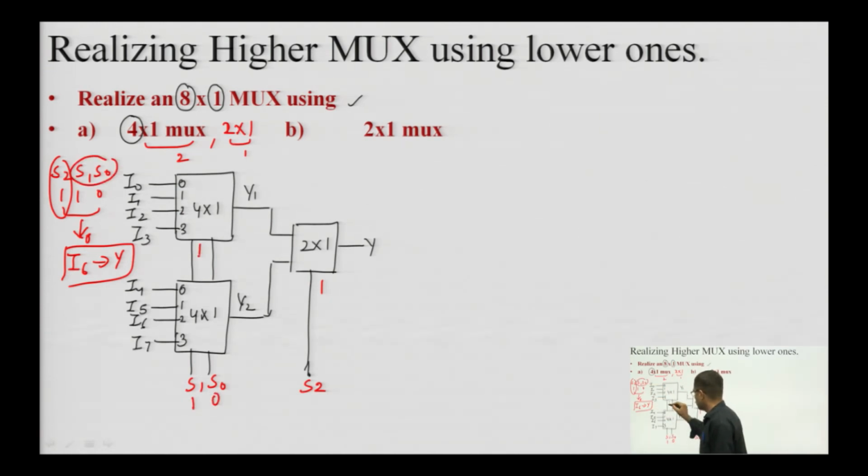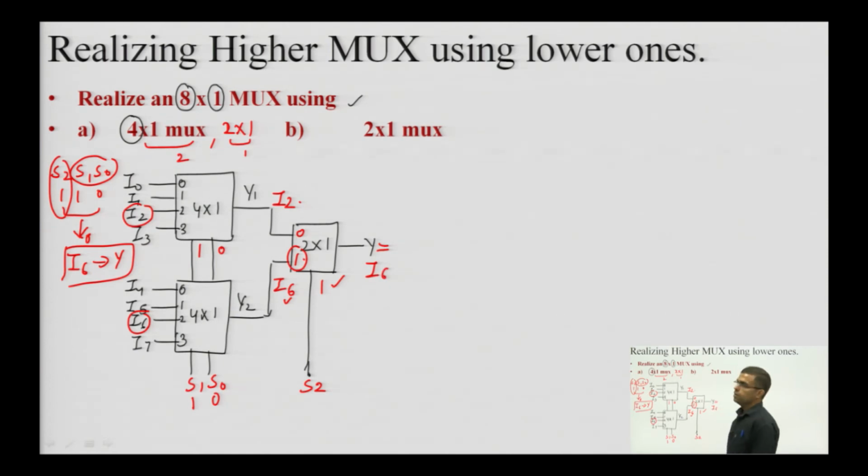So, this 1 0 will be reaching both the multiplexers. So, for this 1 0 this I 2 will be selected, for this 1 0 this I 6 will be selected, that means it will be giving me I 2 and this will be giving me I 6. So, now this 2 cross 1 multiplexer which is having one select line, for this one will be selected, that means this I 6 will be selected and I 2 will be dropped. So, this Y will be getting I 6 at the output.